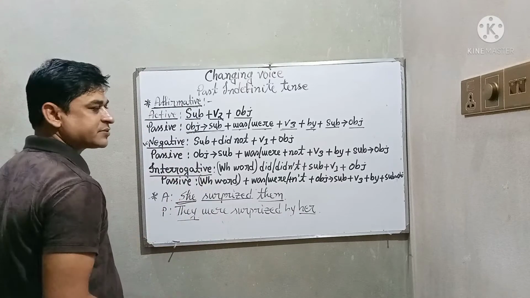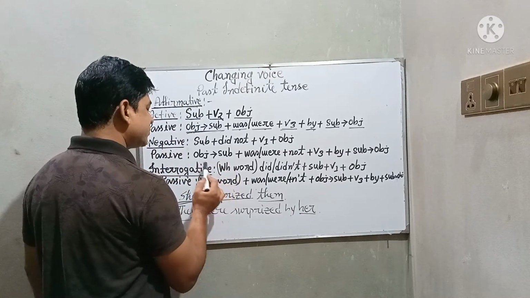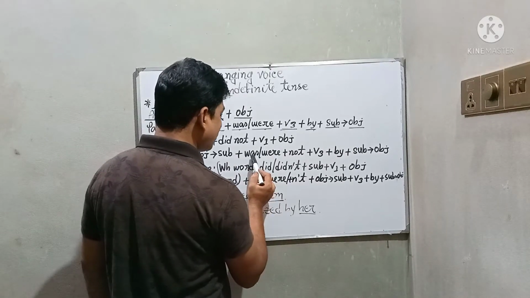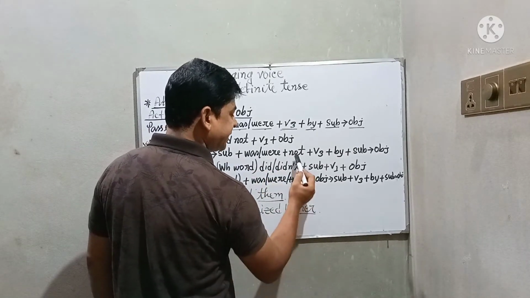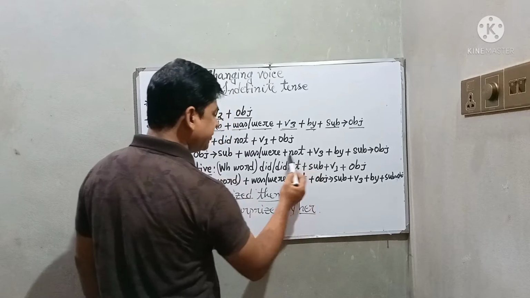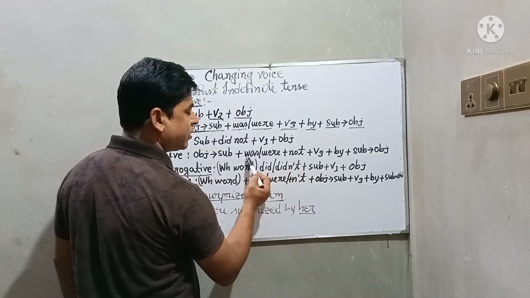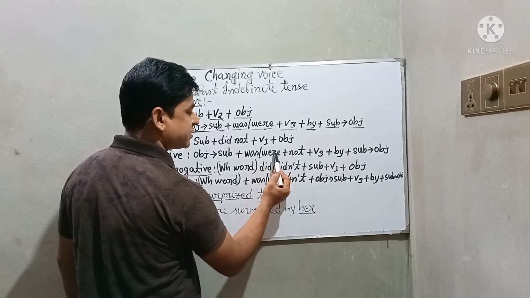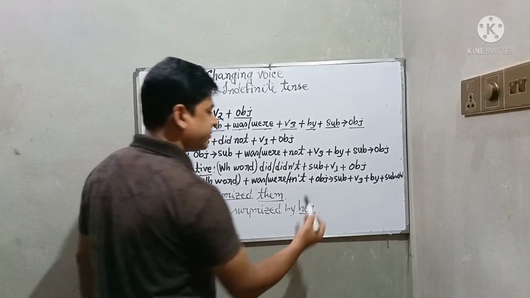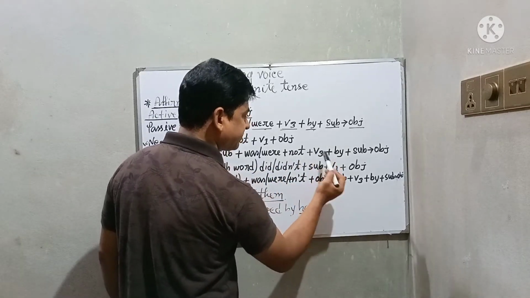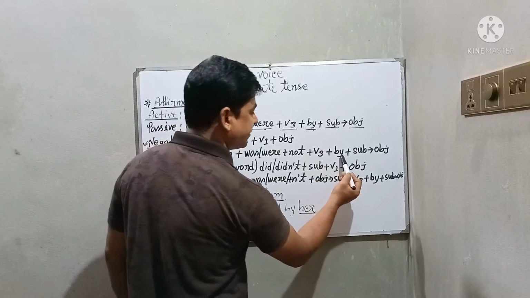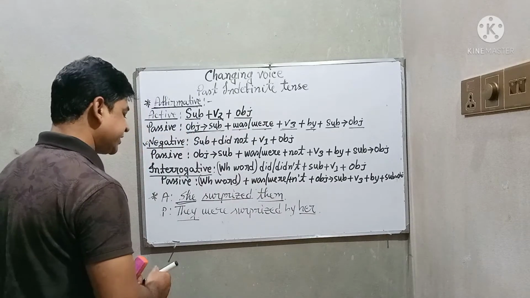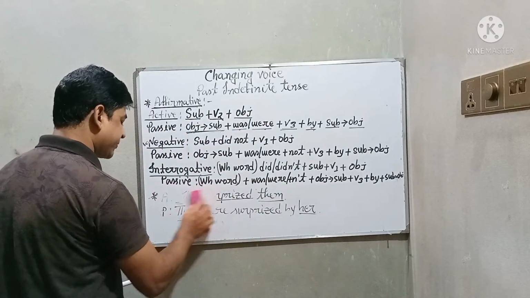If you want to make it passive, you have to convert your object to subject, then was or were, then you have to use not. You can use the contracted form of was not or were not. That means wasn't or weren't can be used here. Then past participle of verb V3. Then you have to use by, then you have to convert the subject to object. Okay, now take an example to make your idea clear.